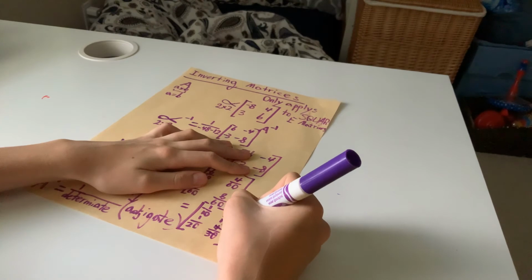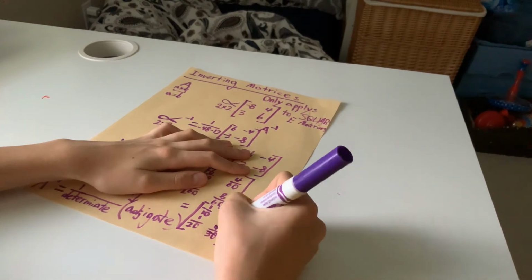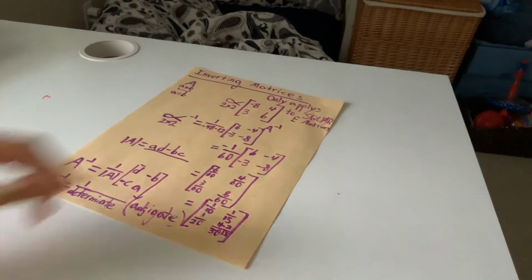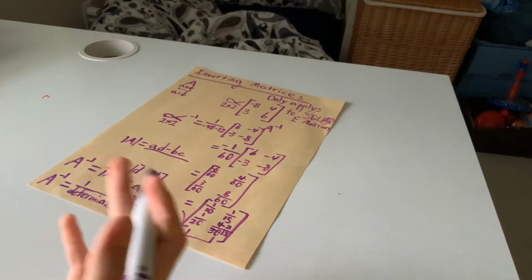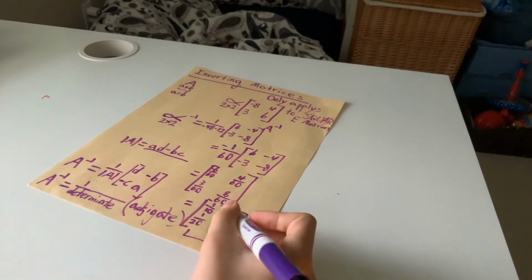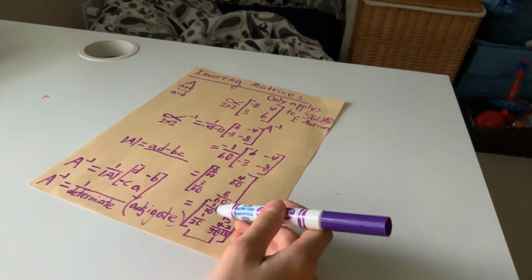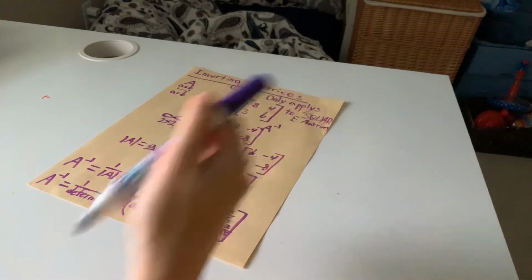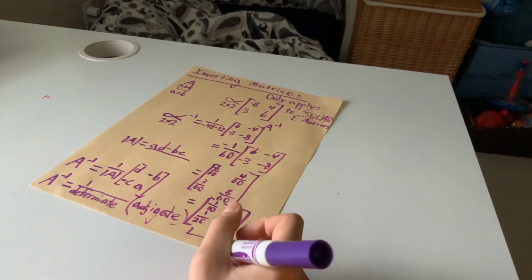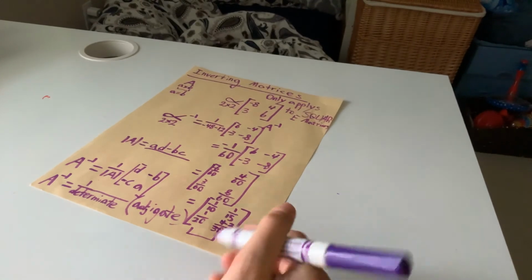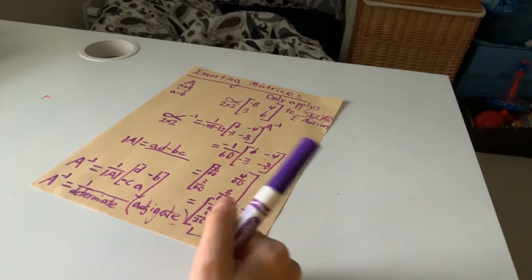This is 2/15, and that's our entire simplification. So this is the answer. Theoretically, if you multiply this by this matrix, which we might do next video, you should get the identity matrix, which I will definitely introduce next video.